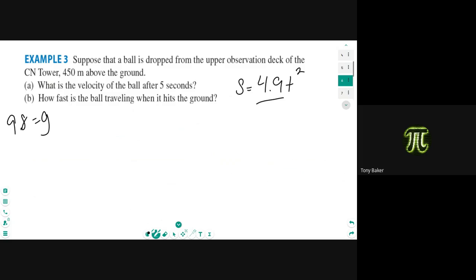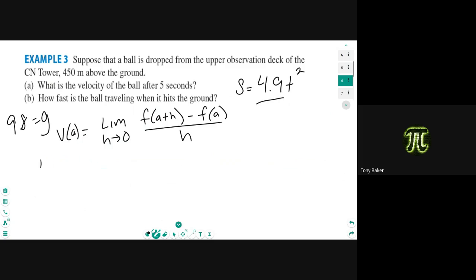So we're going to take this equation and let's find the velocity. So that means the limit as h goes to 0 of f of a plus h minus f of a over h, because that's velocity at a.